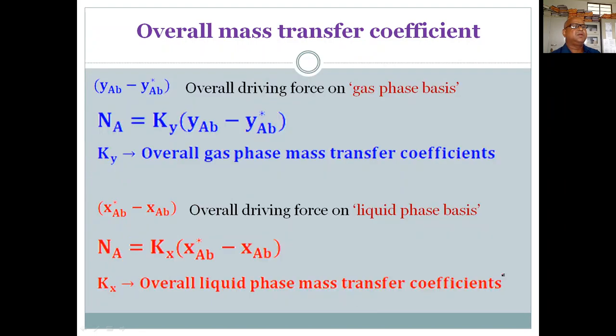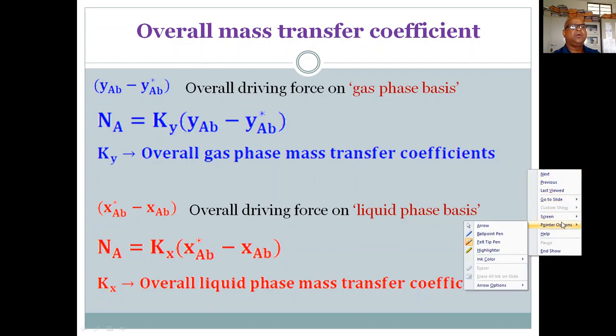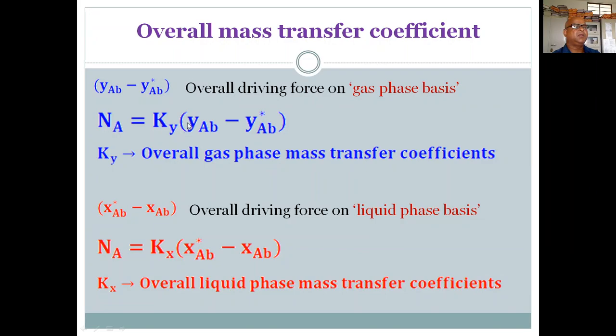So if I do this now, Y_AB minus Y_AB star is the overall driving force on a gas phase basis. Now N_A equals capital K_Y, and the driving force is Y_AB minus Y_AB star, which is X_AB's corresponding equilibrium concentration on the gas phase side.